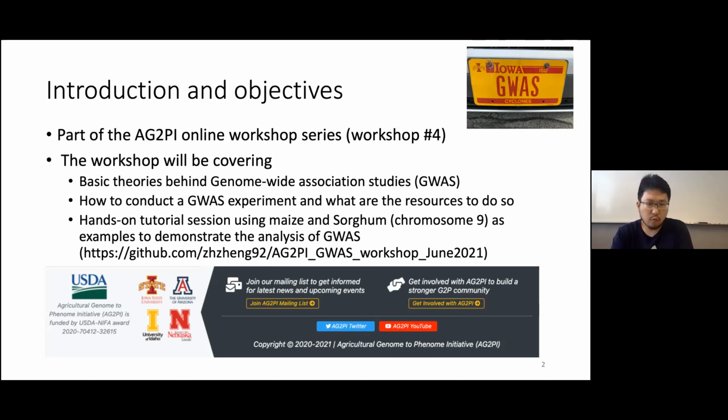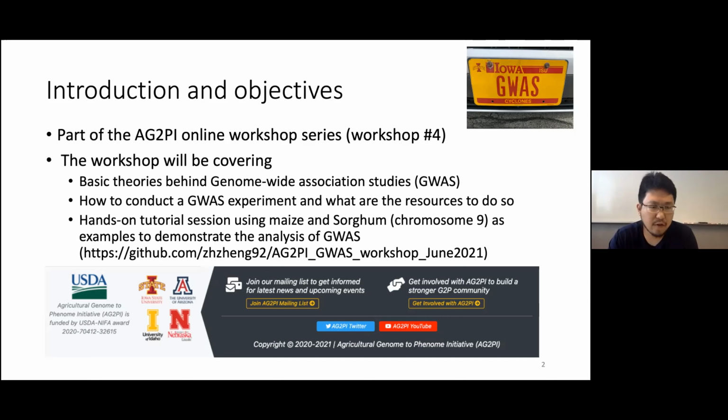In this workshop, there are 3 main sections. The first one, we will be covering the basic theories behind the genome-wide association study in a very broad stroke. And the second part, we will go through the process of how to conduct a GWAS experiment, what things to consider, and what are the resources to do so.